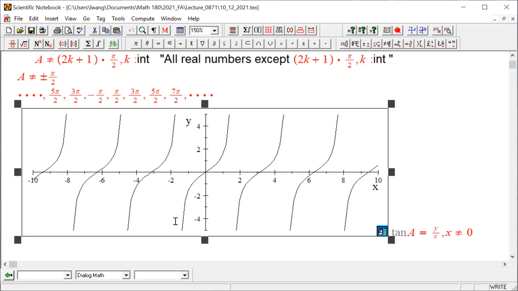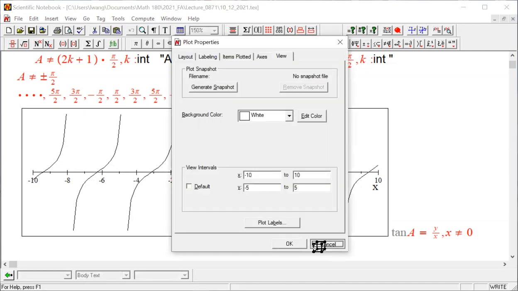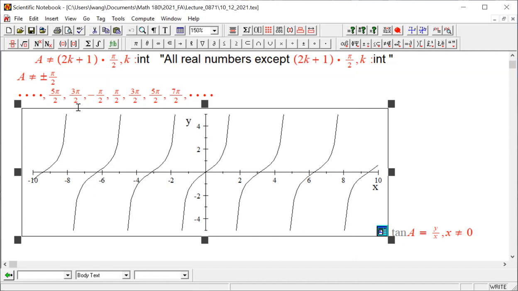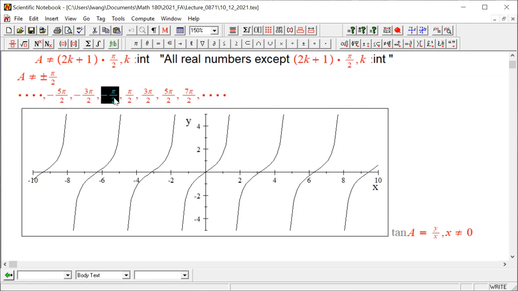So what are those vertical asymptotes? Those are these numbers. Professor, some typo right there, maybe negative 3 pi over 2, negative 5 pi over 2? All right, negative. Thank you. You're welcome. So all of these points, for example, where's negative pi over 2? Negative pi over 2 is a vertical line.